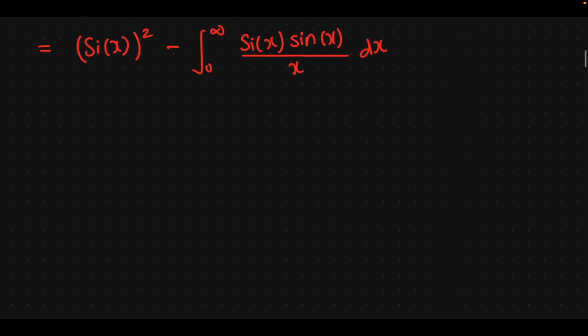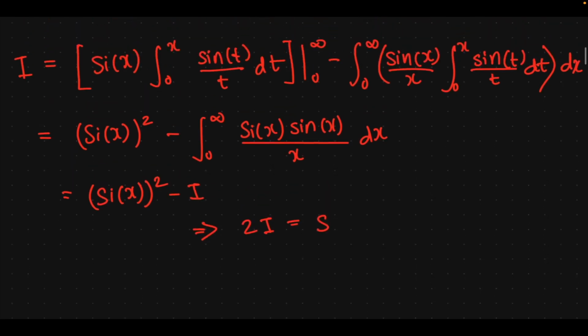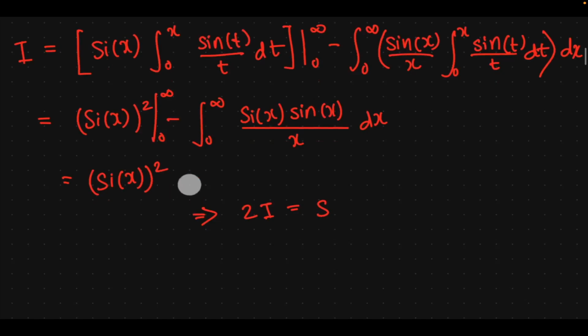So notice the second term is just I. So we just have Si(x) the whole squared, minus I, giving us 2I is just, we have to evaluate this from 0 to infinity as well, because it's a definite integral.